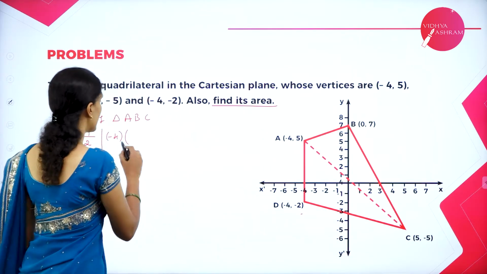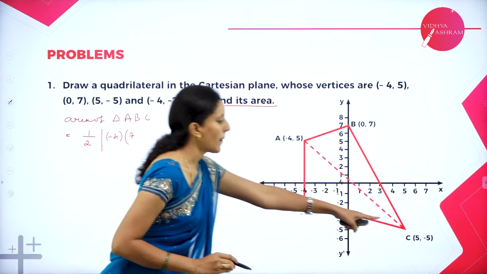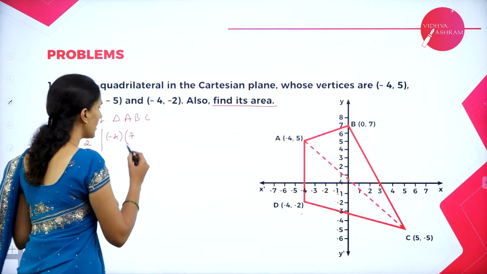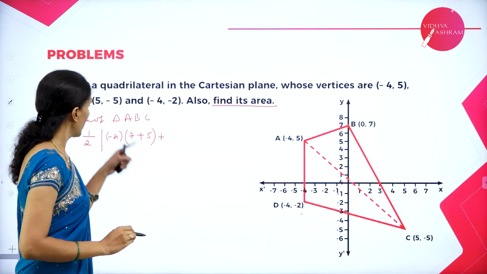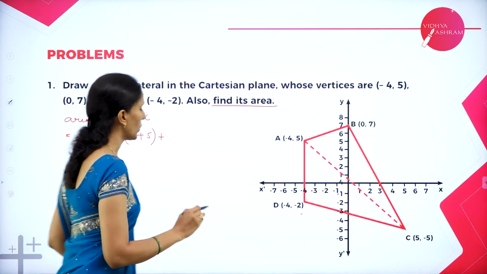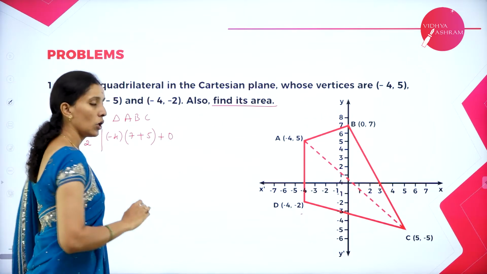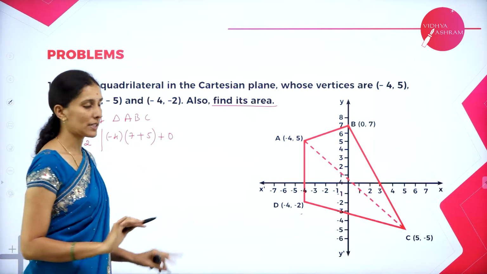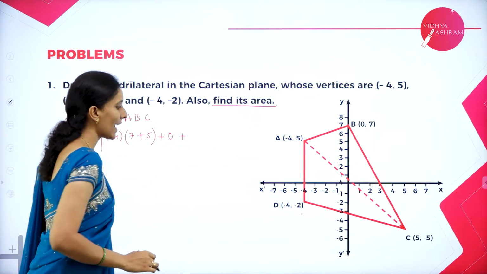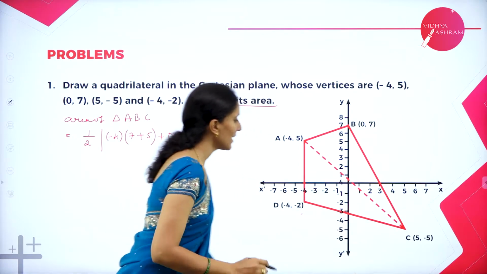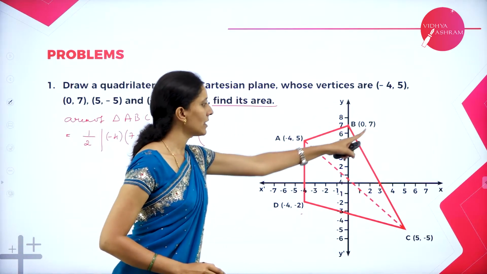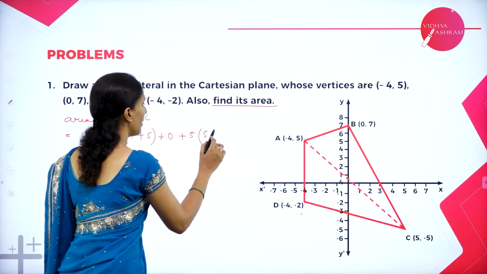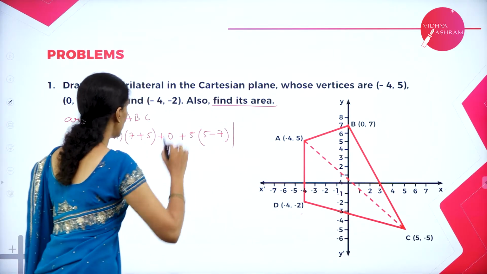So y2 is 7 minus y3, which is minus of minus 5, which becomes plus 5. Next we have x2. The x2 coordinate is 0, so whatever you multiply, it becomes 0. So leave that. Next take x3, which is 5, then y1 minus y2. So that is 5 minus 7.